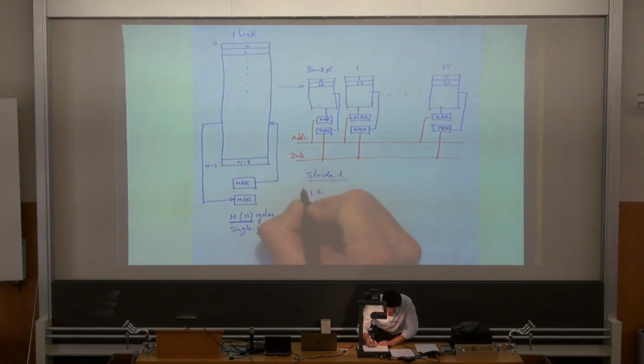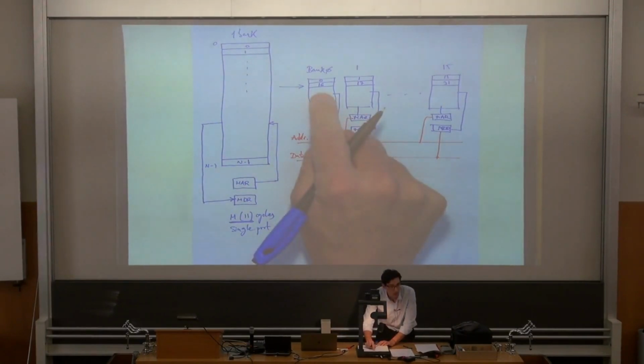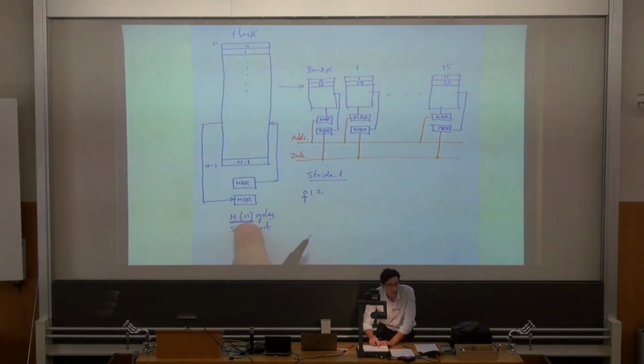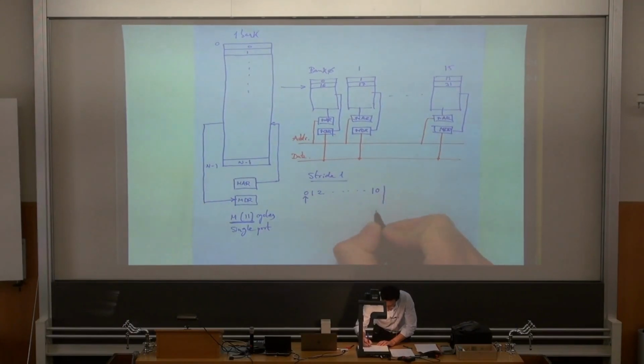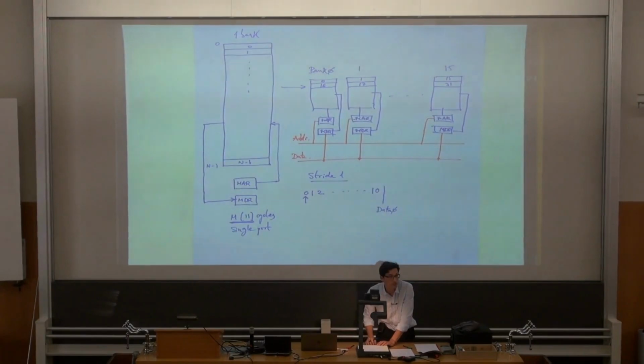In cycle 0, we started the access to bank 0, and our bank latency is still 11 cycles. We know that in cycle 10, we will have data element 0.